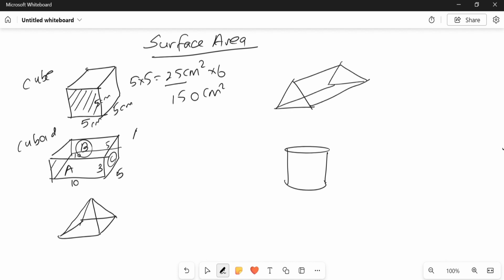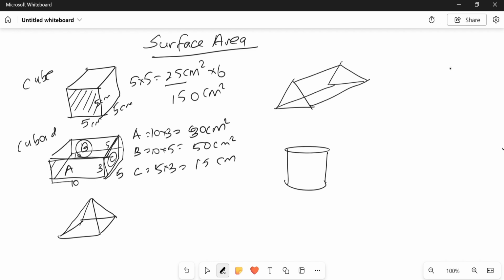So the surface area of face A, length into breadth, 10 into 3, 30 centimeters squared. Base B, length is 10 centimeter, breadth is 5 centimeter. So 10 into 5, 50 centimeters squared. And this side, that is 5 into 3. Side C, 5 into 3, 15 centimeters squared.